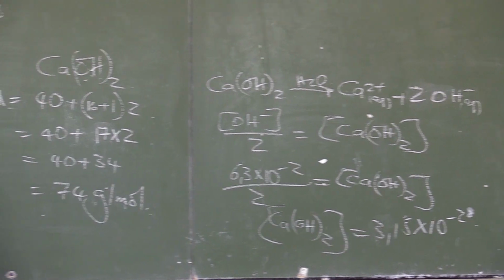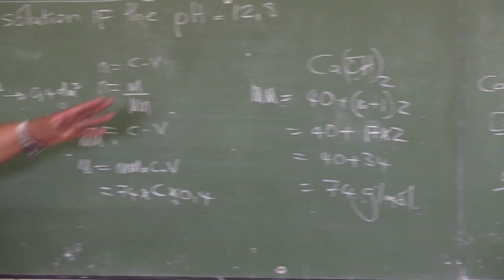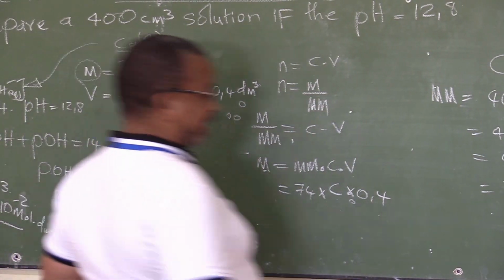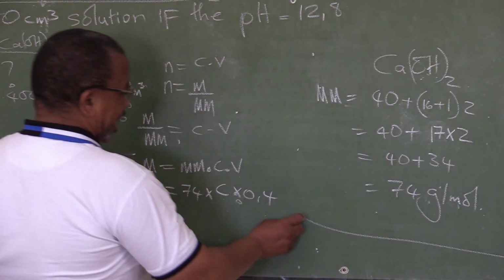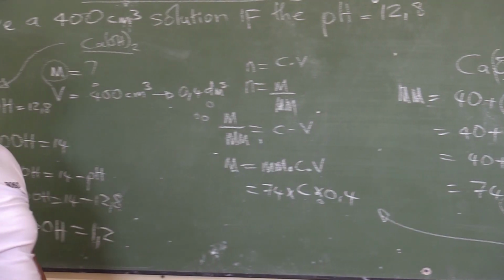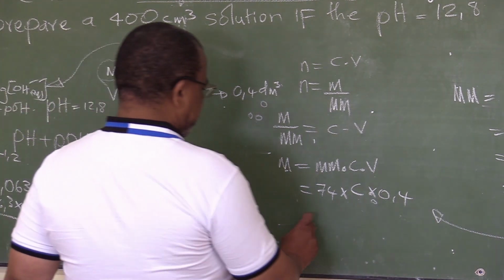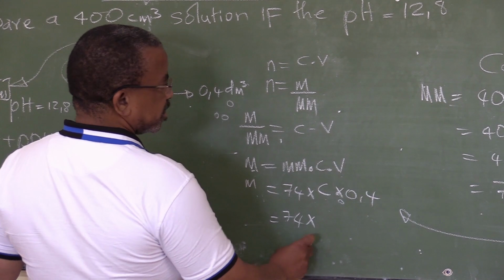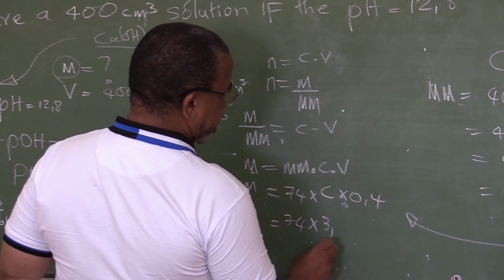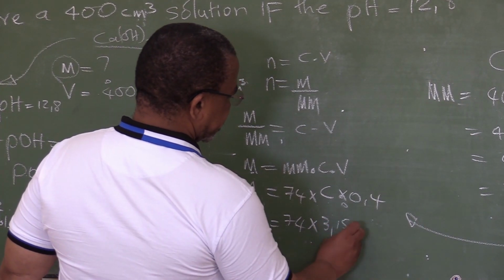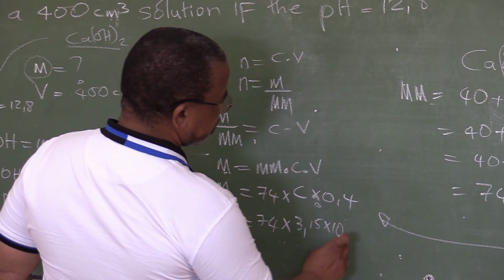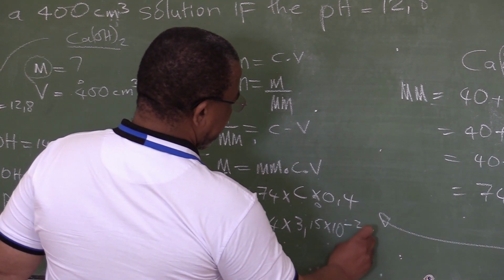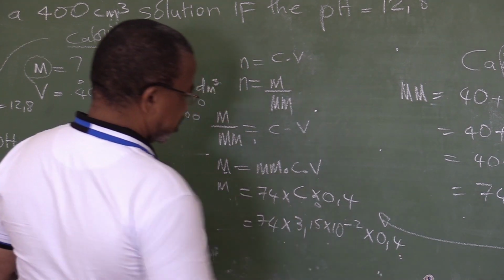We have found the concentration of calcium hydroxide. Now we substitute. The mass is 74 times 3.15 times 10 to the power minus 2 times 0.4.